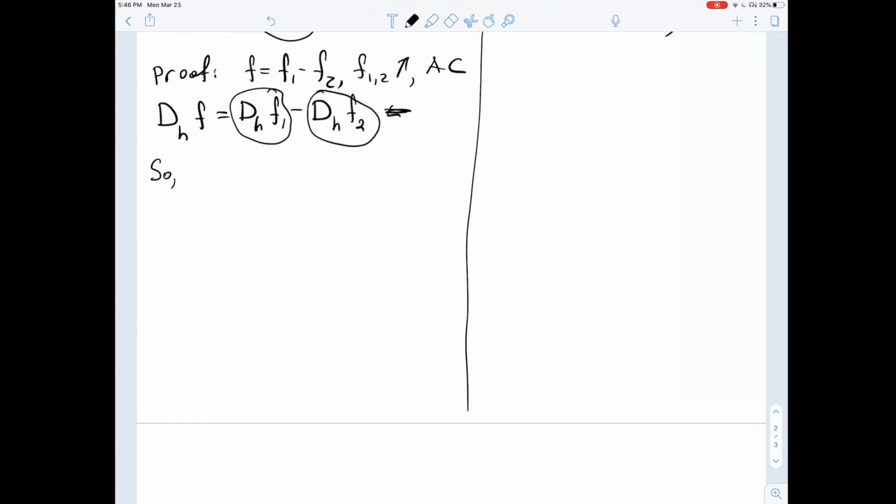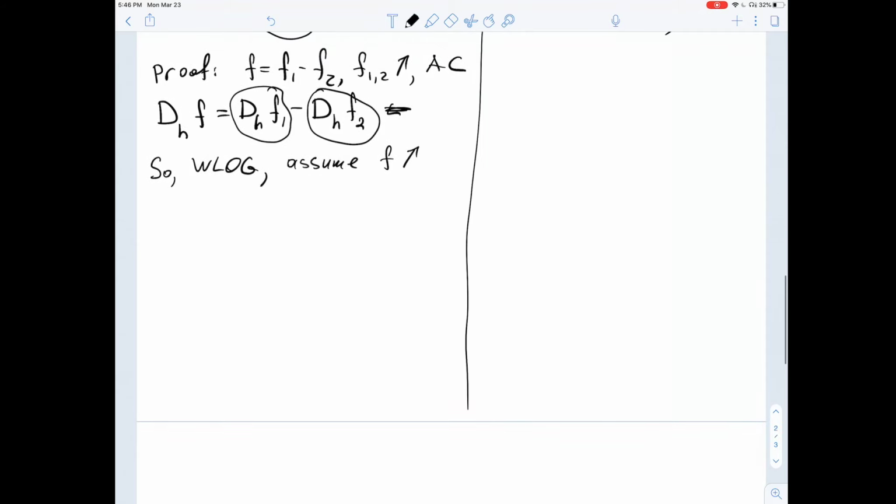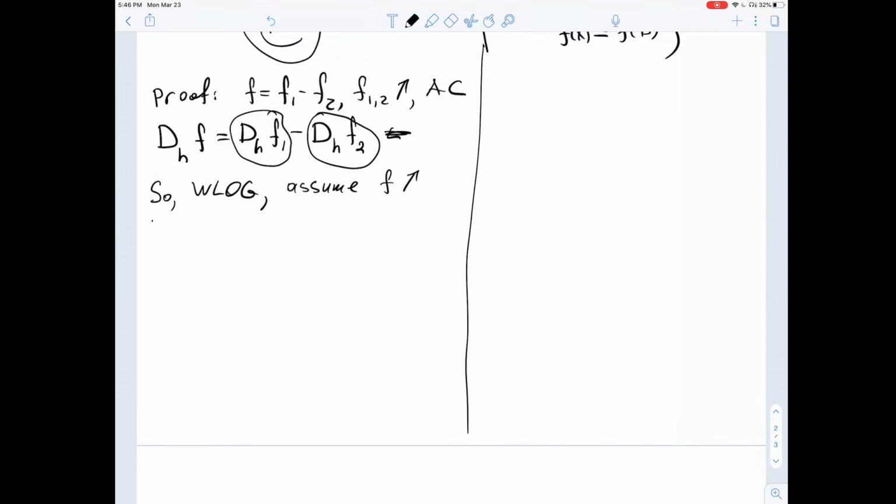Okay, so without loss of generality, we can assume f is increasing. And f1 and f2 are still absolutely continuous, so we don't lose anything here. Okay, so let m1 of A be less than delta.